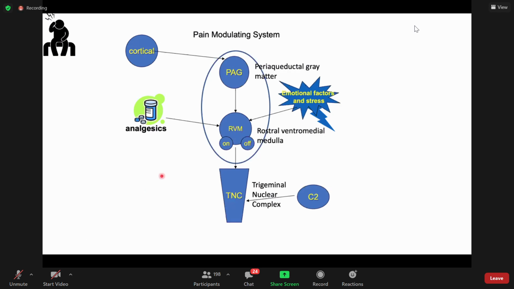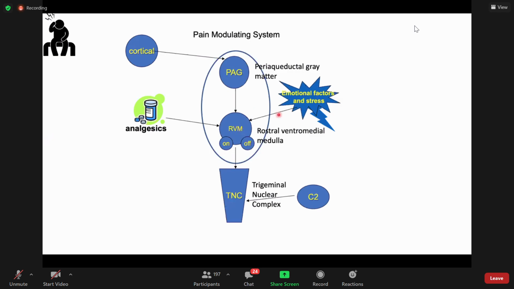So this is the pain modulating system. The cortex has influence on the periaqueductal gray matter, which may be the first trigger for pain. However, we have the modulating effect of the rostral ventromedial medulla that can turn the pain off and on.